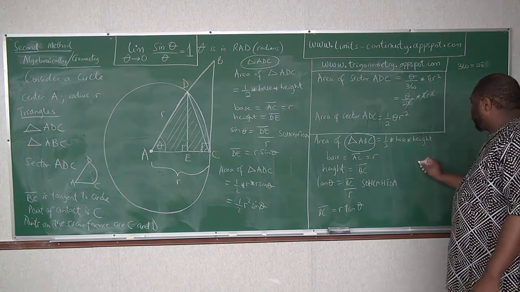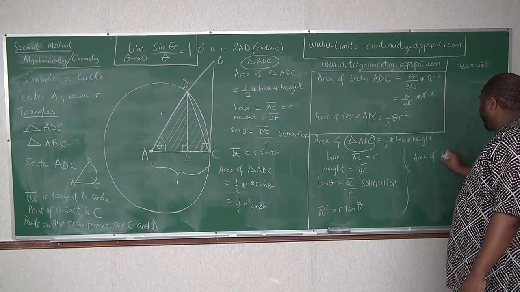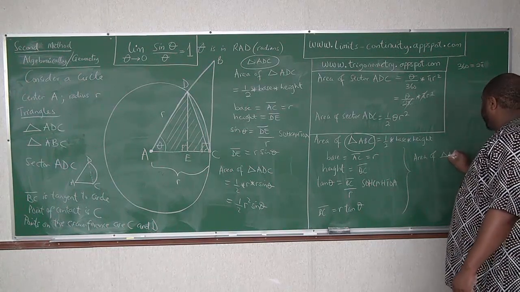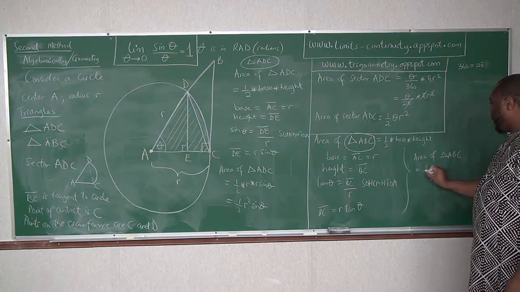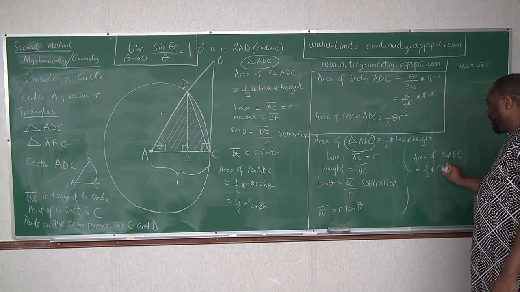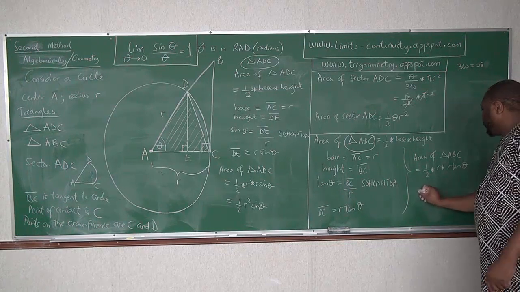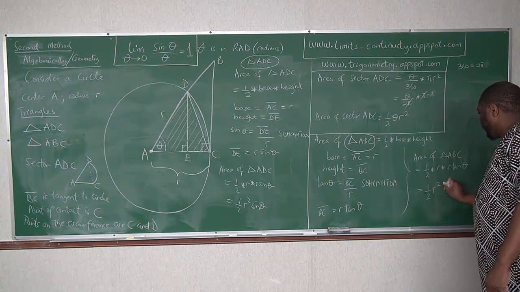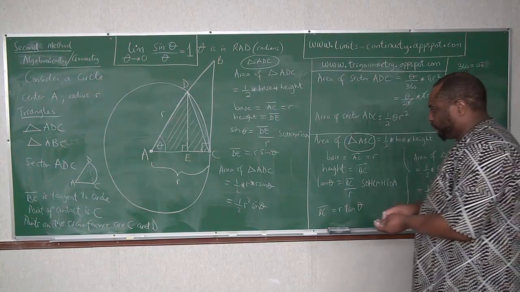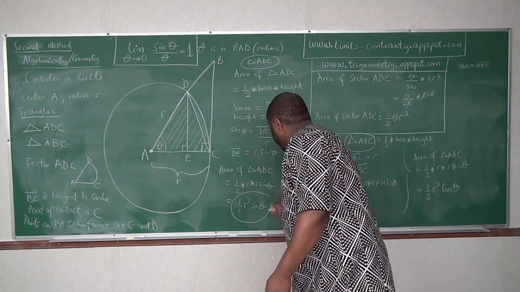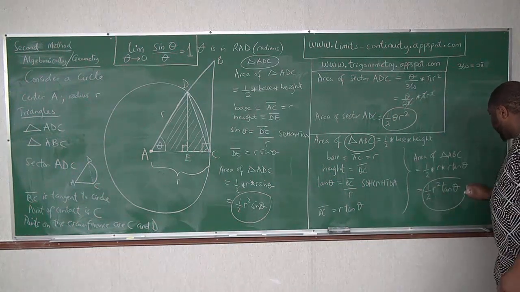So this implies that the area of triangle ABC is equal to 1/2 times R times R tan theta, which is 1/2 R squared tan theta. Okay, folks, we have this here, and we have this here.